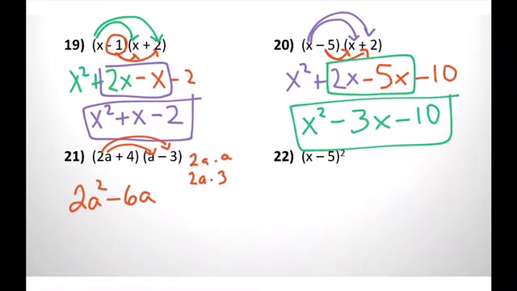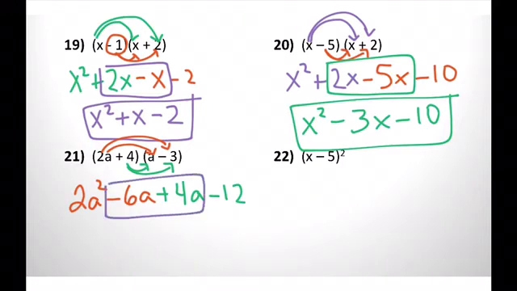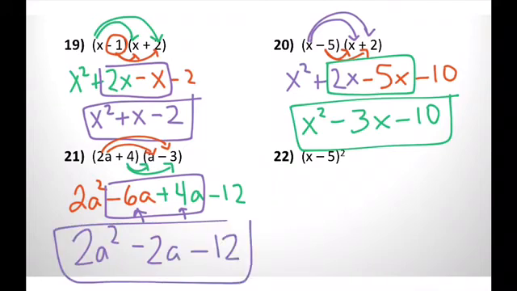But you need to make sure you get each piece right, because if you mess up one piece, then you mess up the whole thing. 4 times a, and 4 times negative 3. Look for your like terms. Make sure you get the sign that is in front of the number that has to go with it. So I've got negative 6a plus 4a. So negative 6 plus 4 is negative 2a. So I've got 2a squared minus 2a minus 12.